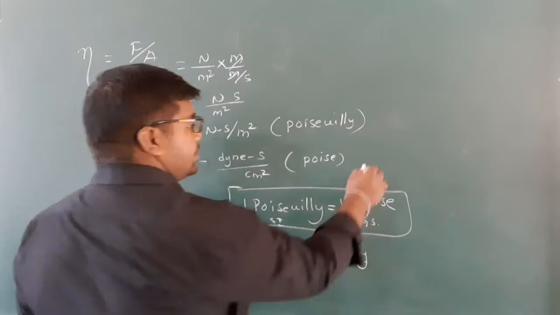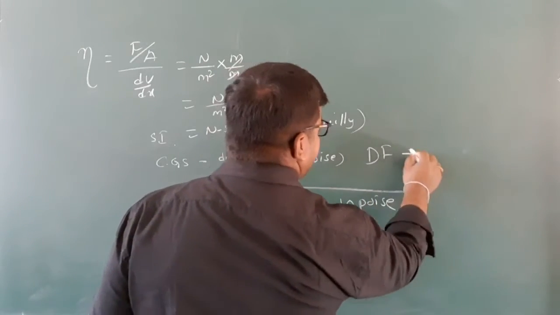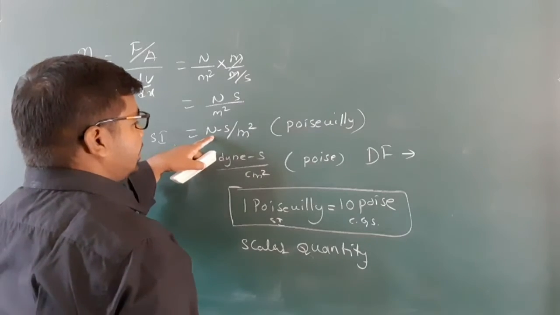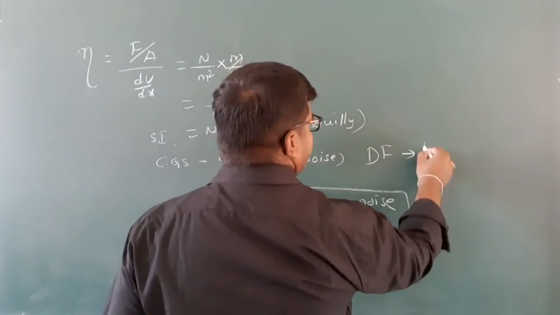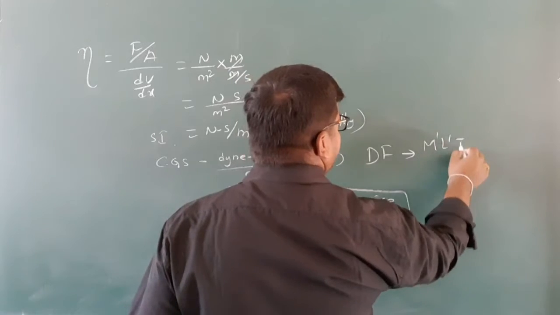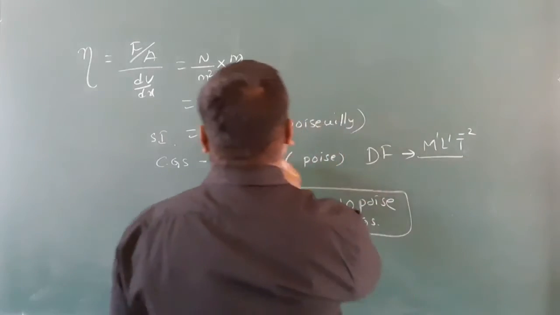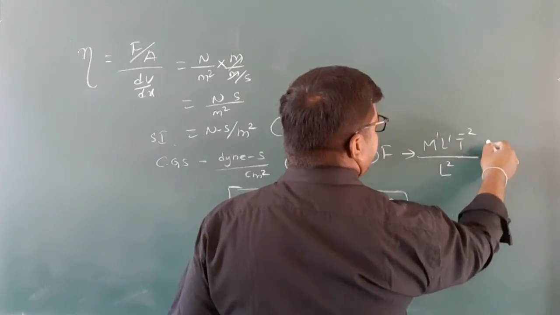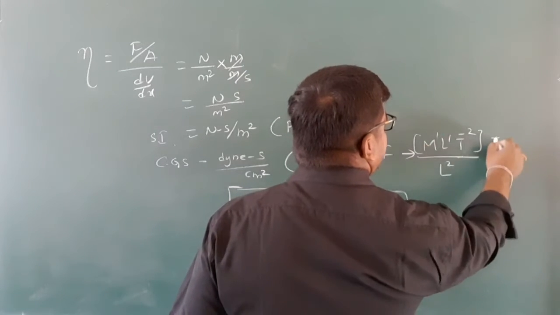And its dimension formula, what, my children? Newton means M power 1, L power 1, T power minus 2, per meter square. Meter square means L power 2, into second, T power 1.